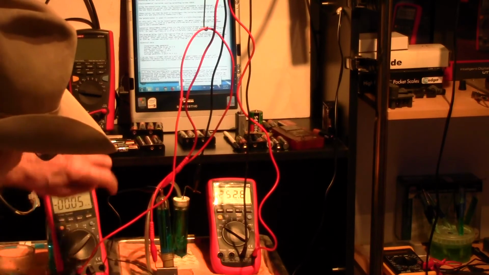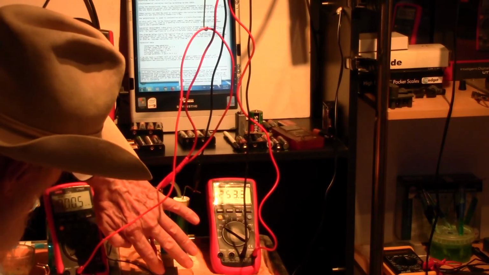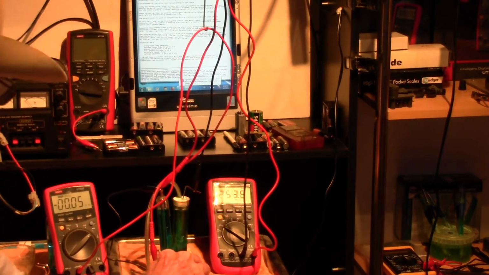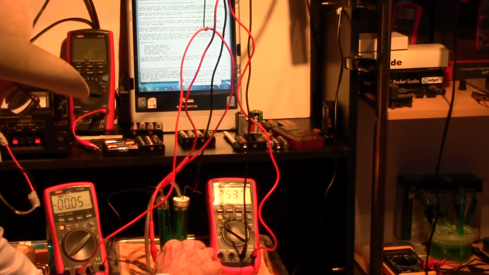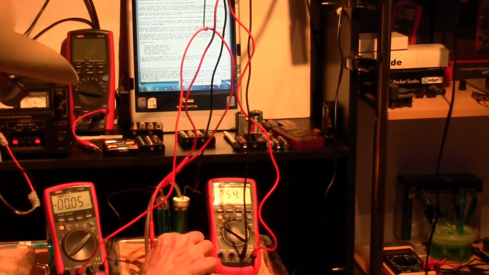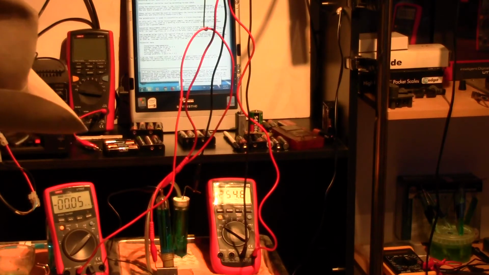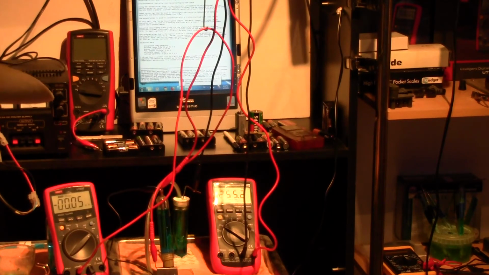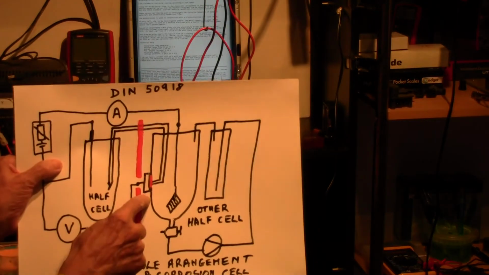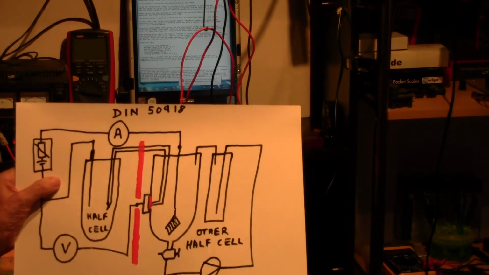of the electrolyte, which is here, which is in contact with the metal, which is the working electrode in this diagram, which is DIN 50918.